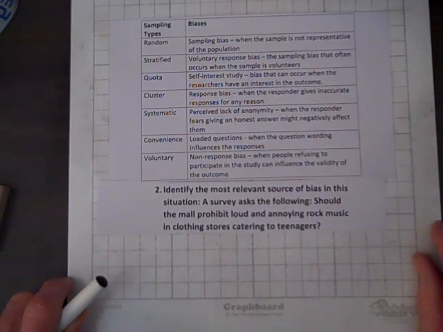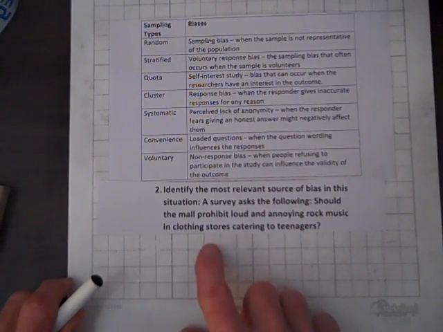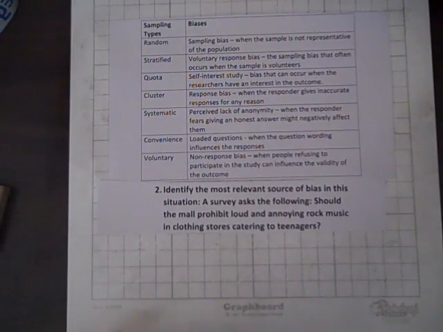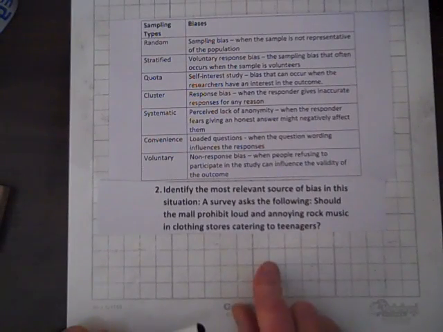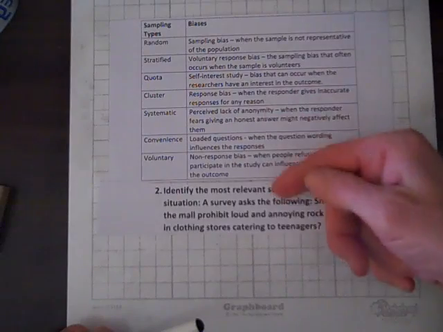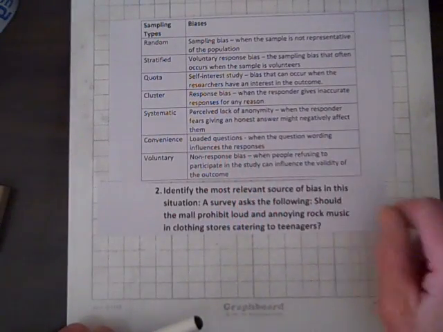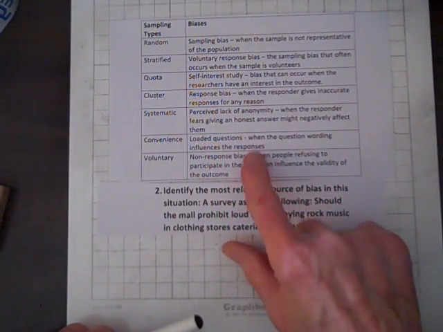Okay, now let's deal with this question. It says, identify the most relevant source of bias in this situation. A survey asks the following question. Should the mall prohibit loud and annoying rock music in clothing stores catering to teenagers? Well, here's our list of biases, and among them is loaded questions, and this is a loaded question.